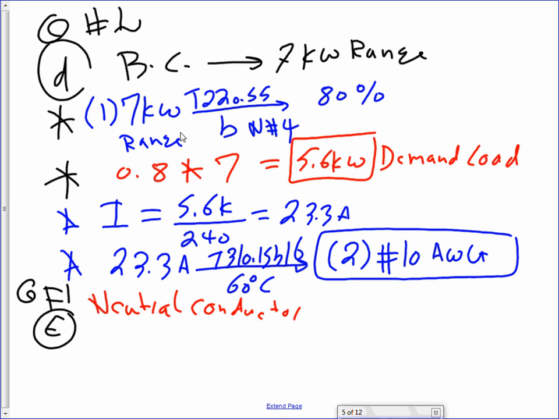For the neutral, what do I do? You take the 70%, multiply it by 23.3. Can somebody get me the math? I did not have the math for this. 16.3 amps.